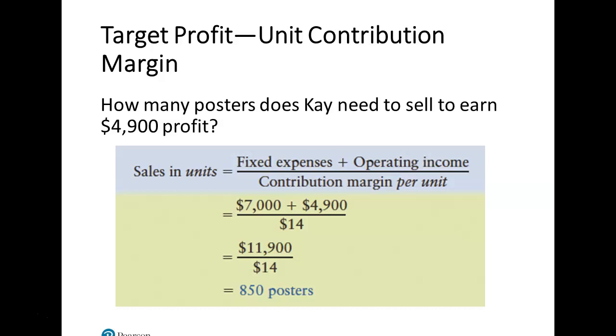So 7,000 plus 4,900 divided by $14 gives us 850 posters. We will make an operating income of $4,900. This is a good tool for an organization to target how many units they have to sell in order to reach the income or profit that they are looking for.